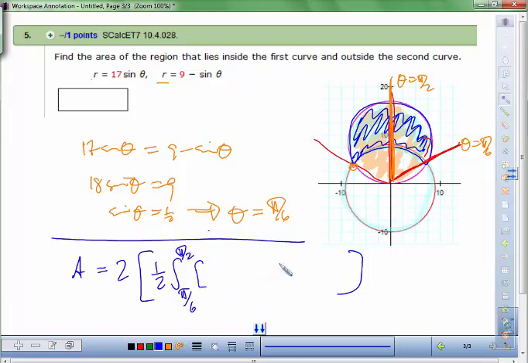And then now the radial distances have to be subtracted. So the outer radius is, which one is this? So that's 17 sine theta. And then the inner radius is this one, 9 minus sine theta squared.